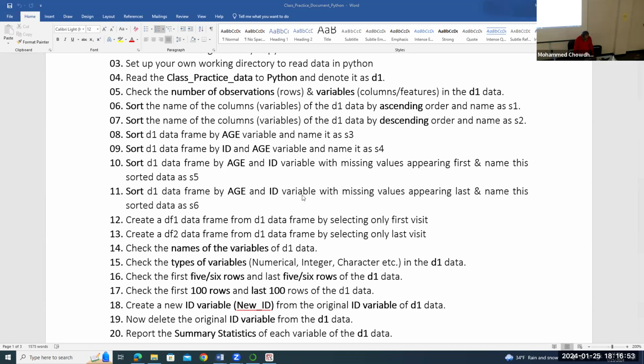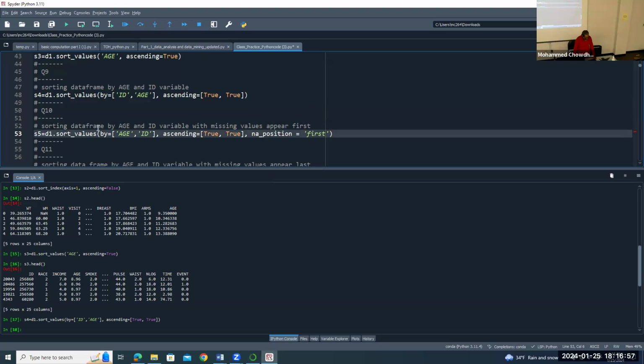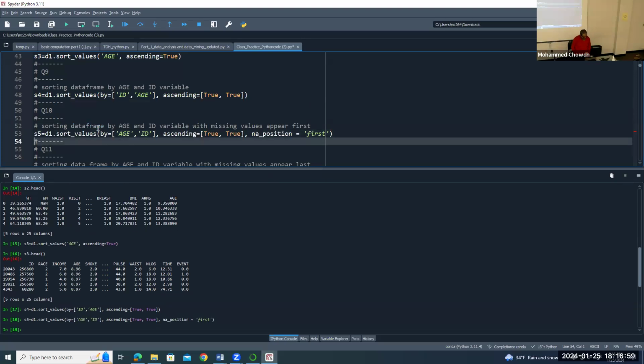Okay. So what we do in here, question number 10, the only difference is that I have written here NA dot positions. NA dot positions I put here first, and then ascending, I said yes, ascending. For example, if I put here the first one is ascending, then it will take the first one ascending and then the next one is descending.